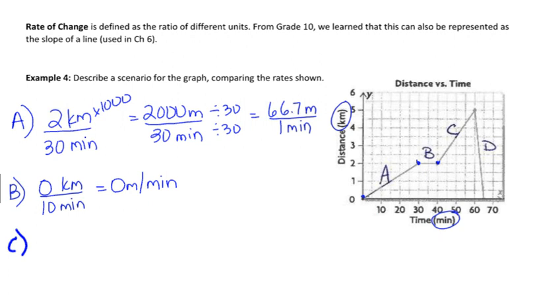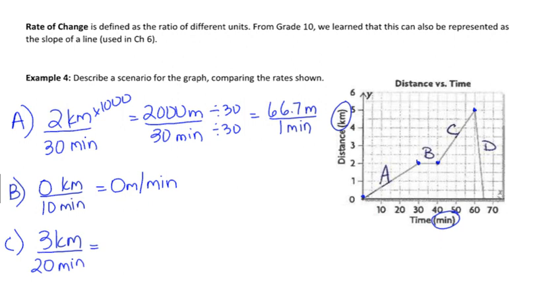C, starting at 2 kilometers and I end at 5 kilometers. So I went up 3 kilometers or 3,000 meters. And that took me from 40 minutes to 60 minutes, so 20 minutes.